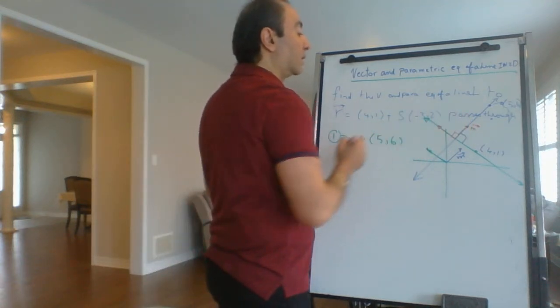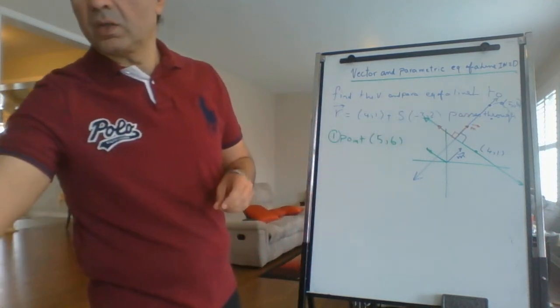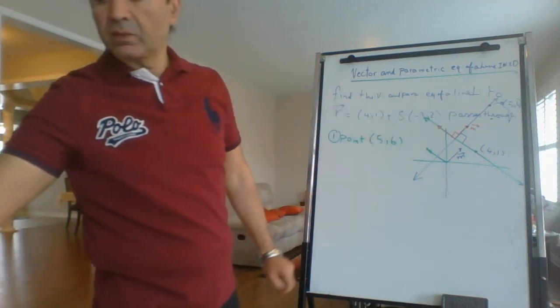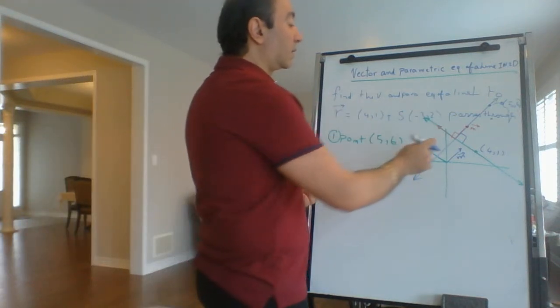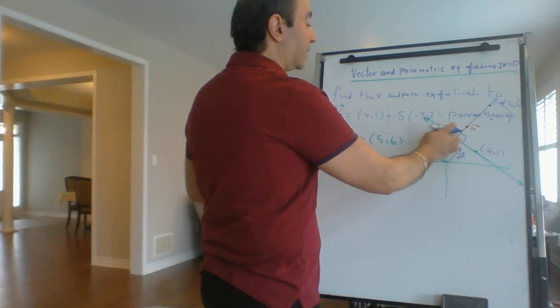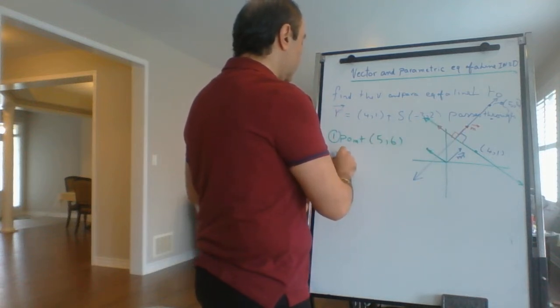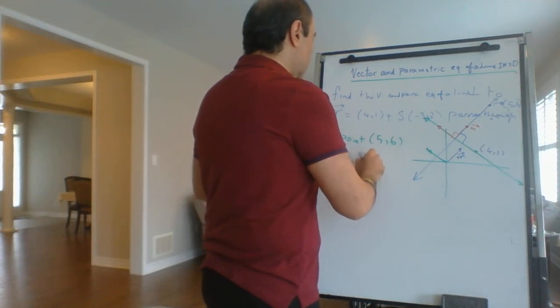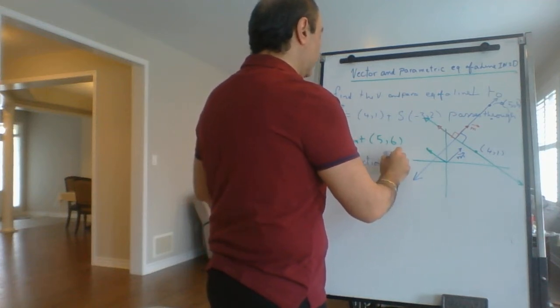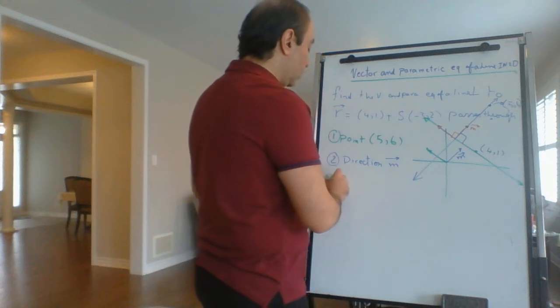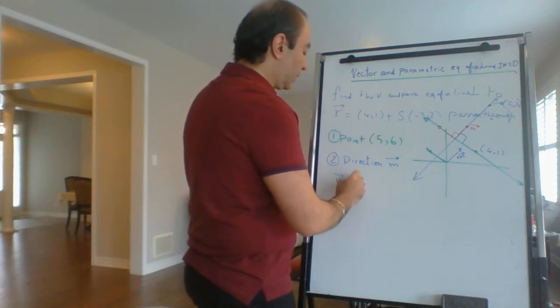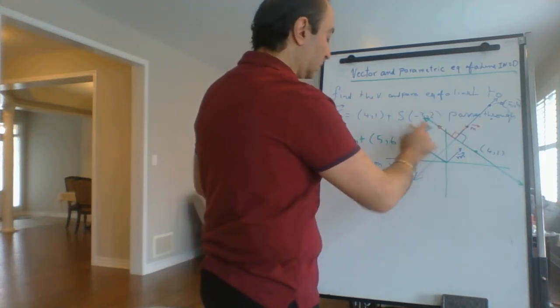So if I get the coordinates of m, I can find the equation. How can I get the direction m? m is perpendicular to n. So the second thing we need is direction vector m. We know that m dot n has to equal 0.